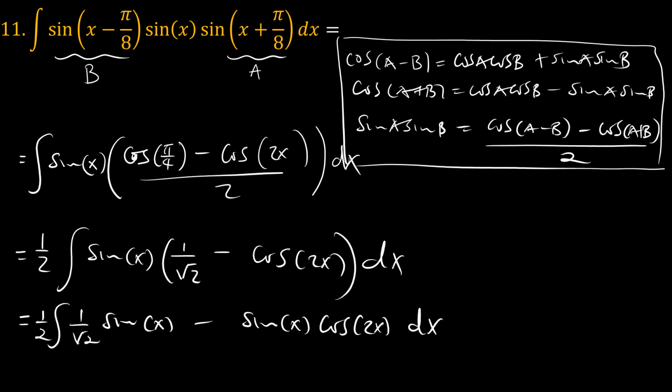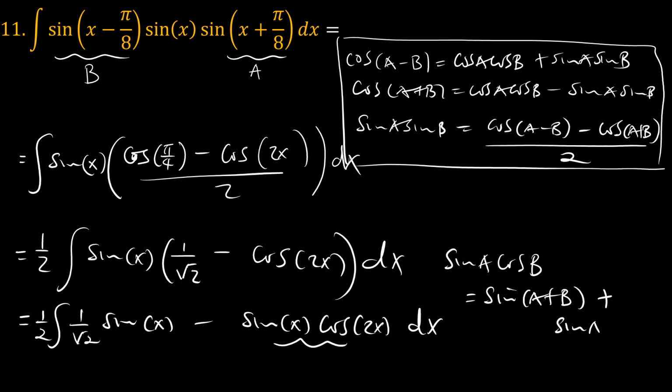Okay, and here, for those of us who may not know, sine of A cosine of B is equal to sine of A plus B plus sine of A minus B, over 2.